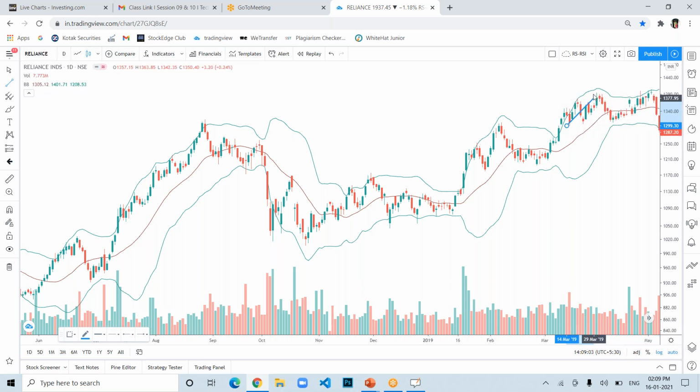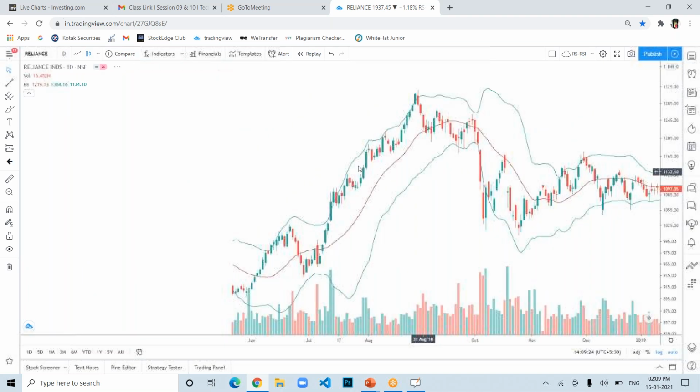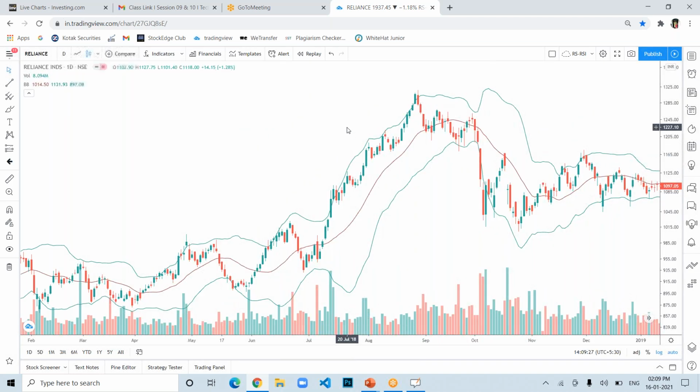But the first one is inside the band and the second one is outside the band. We don't want it like that. We want it the other way around. We want the first top to be outside the band and the second top to be inside the band. Am I clear? Any doubts, please ask me.